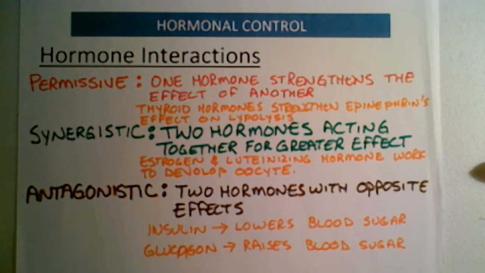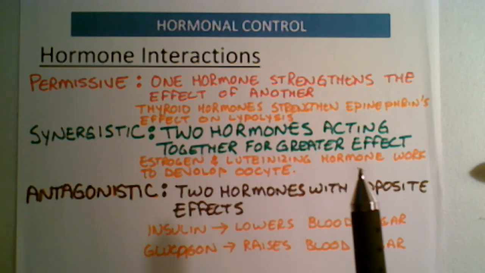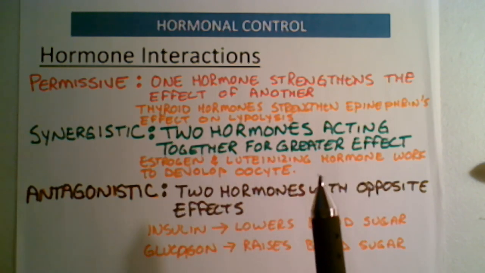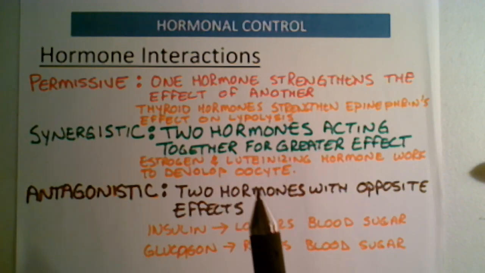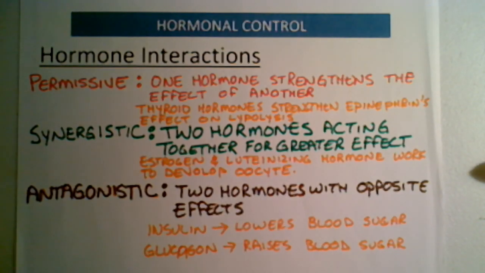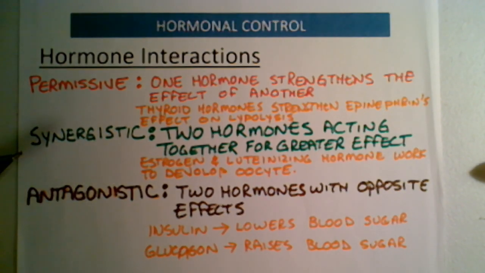Synergistic hormones are two hormones acting together for a greater effect. And so this example would be like estrogen and luteinizing hormone that are working to develop our egg, our oocyte. So this is what we call a synergistic relationship.